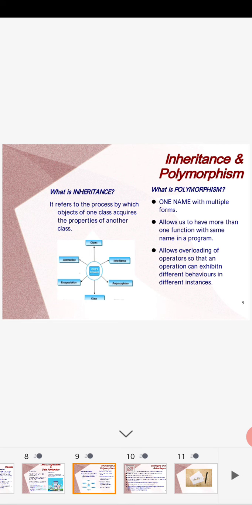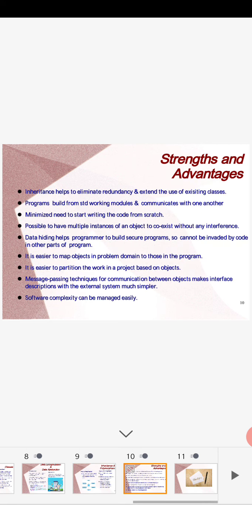Now let us understand why we use OOPS, why we use all these concepts of OOPS and how they are very beneficial and helpful to our current day programming. So firstly, inheritance helps to eliminate redundancy and extend the uses of existing classes. As I told you, in procedural languages there were chances of duplicacy of data, which was very difficult to remove, as we had to check each line of code.